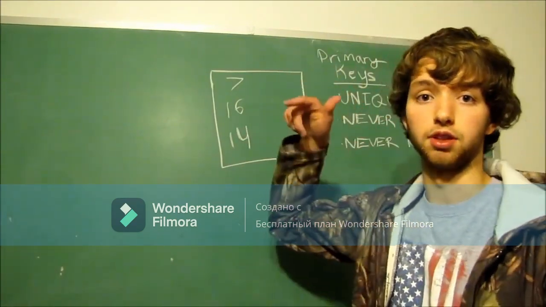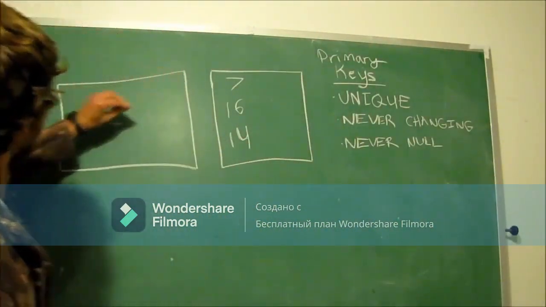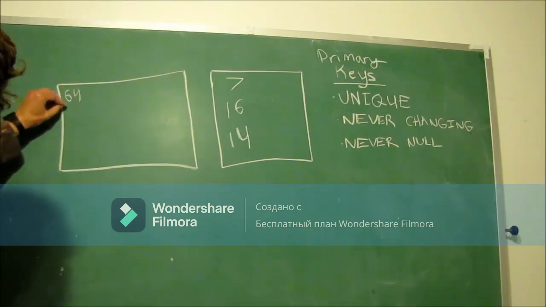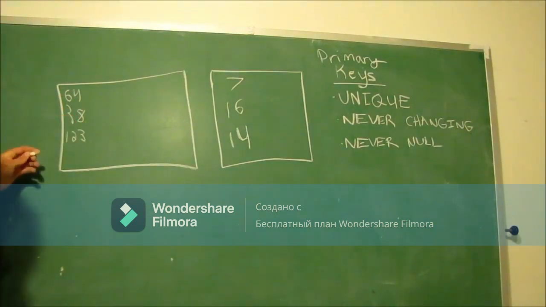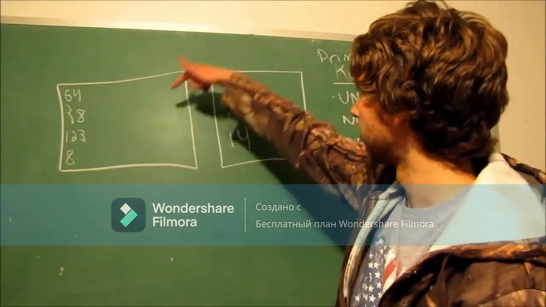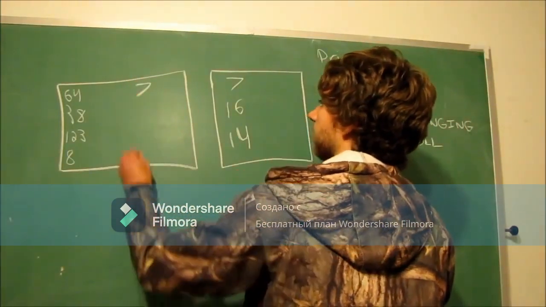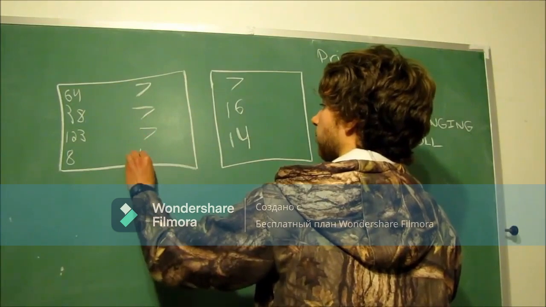Now, let's say this is the class table, right? And we have the class ID, so the class IDs would be like 64, 38, 123. It doesn't really matter what number they are. And 8, right? And now we're going to have a reference to the building ID. So let's say we have 7, 7, 7, 14.